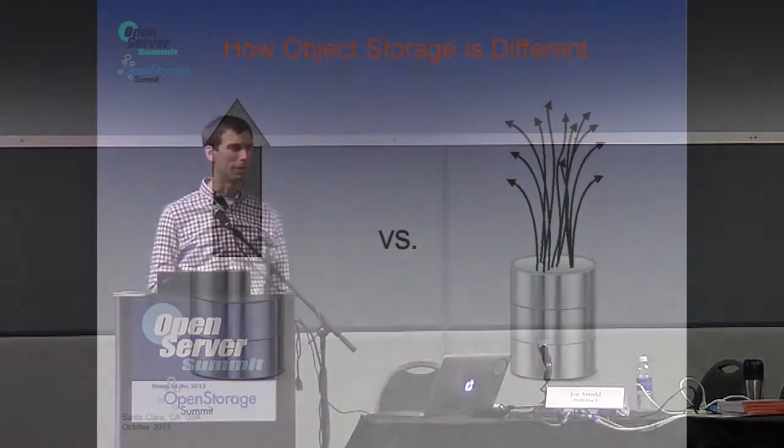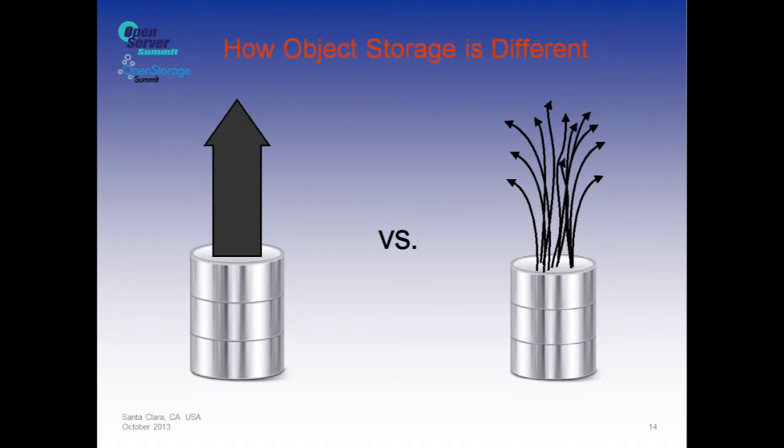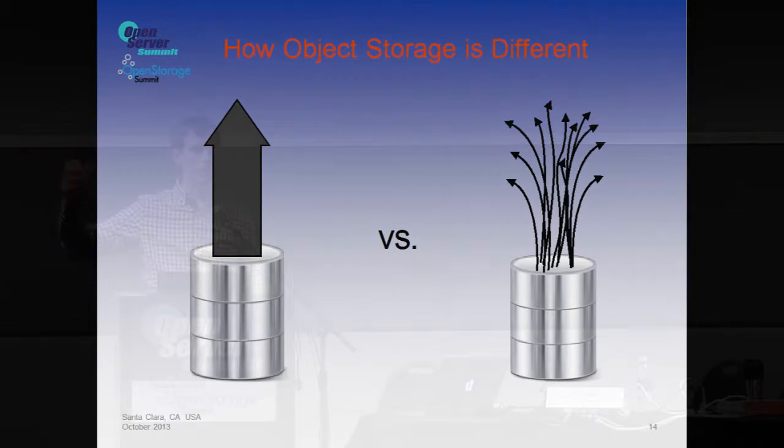Does that make sense from a kind of landscape perspective? So the way that object storage works, though, is a little bit different than just a file or a file system. The way that it's put together is there's two components, or logically two components if you want to think about it. That first component is a data ingest point.